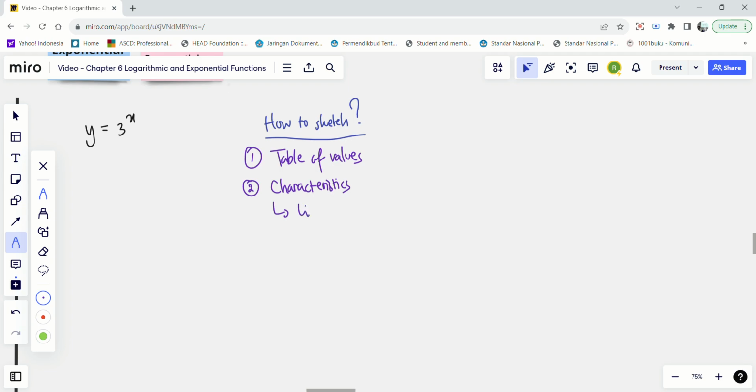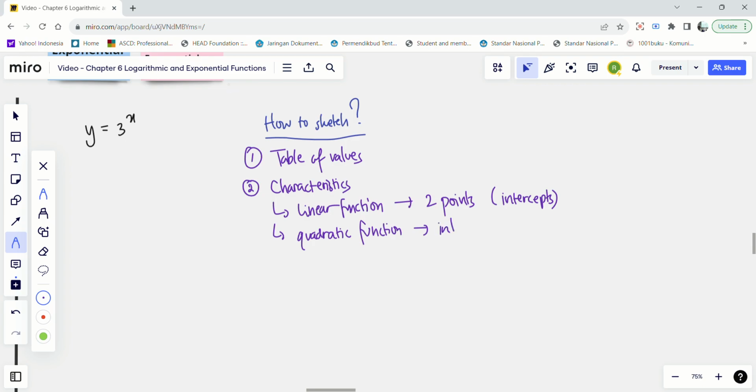For example, if it's a linear function, we know that we only need 2 points, right? And then usually we look at the intercepts. Usually, not always, but in most cases probably the intercepts. But in the case of a quadratic function, we at least need 3 points or even more.